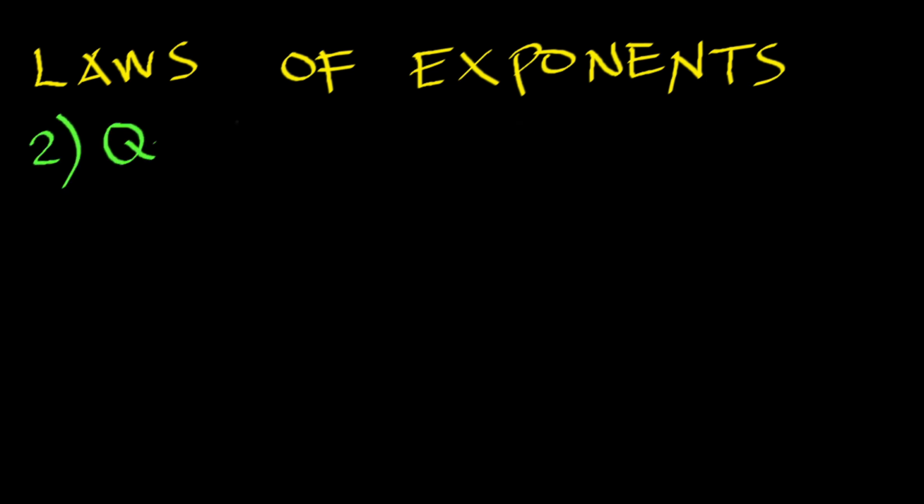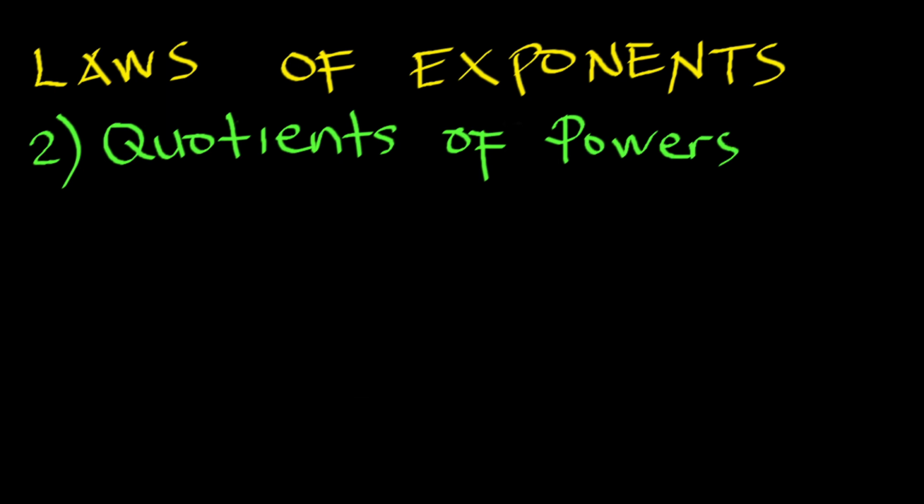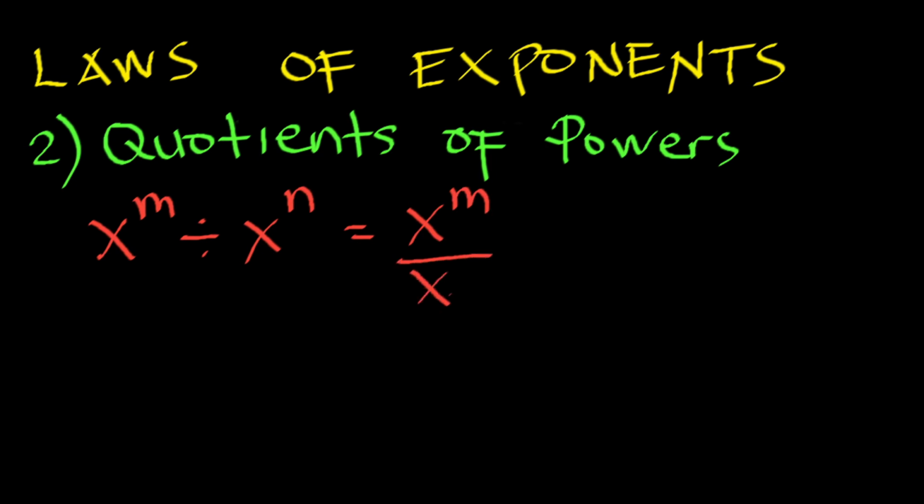Next is quotients of powers. We are dividing the same variable na magkaiba yung exponents. So we have x raised to m divided by x raised to n, which is equal sa denotation na x raised to m over x raised to n, which is equal to x raised to m minus n.